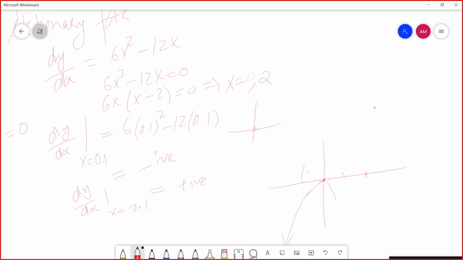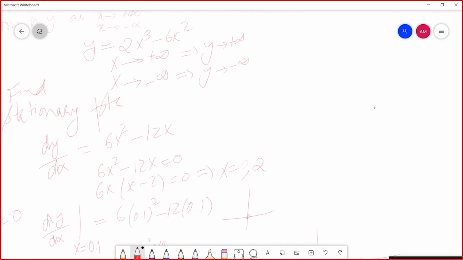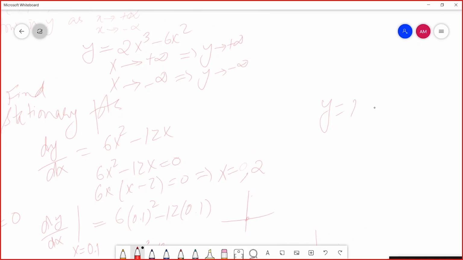The first one we found was 0, 0, because once we put x equal to 0 in the equation y is equal to 2x cubed minus 6x squared, y also becomes 0.